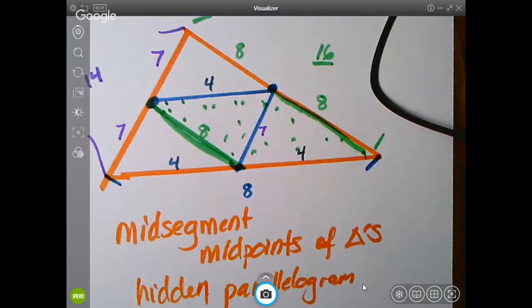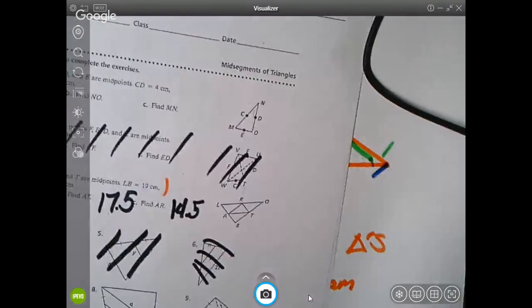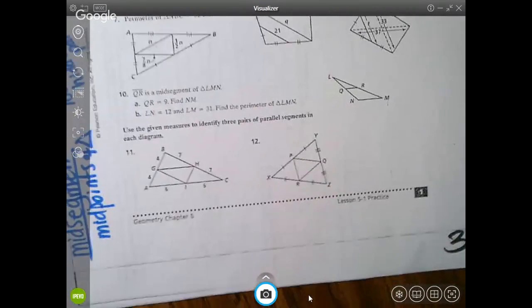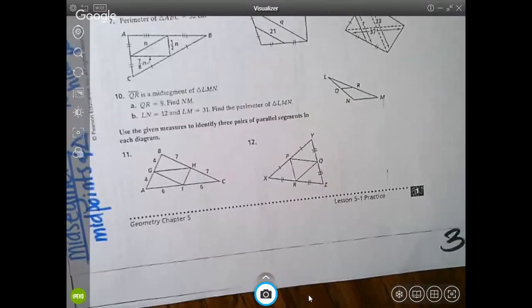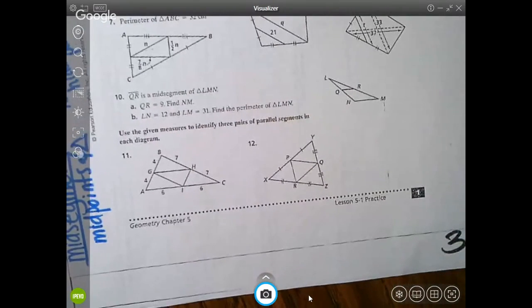Please turn your packets to page 3. We're going to look at number 10. It says QR is a mid-segment of triangle LMN.